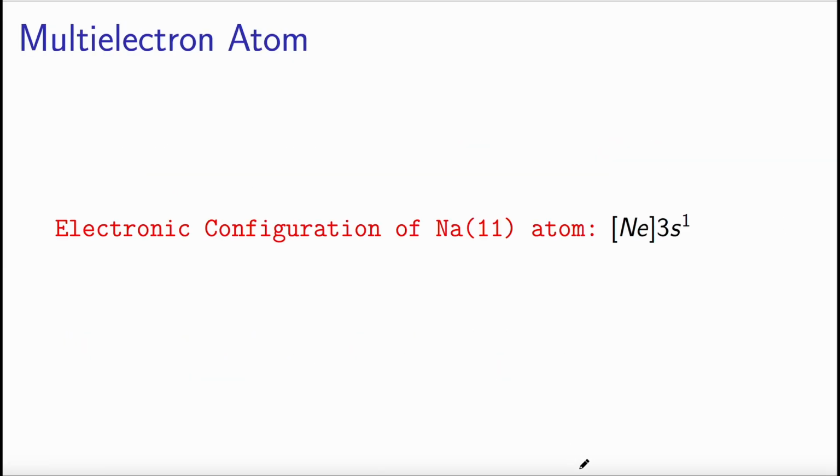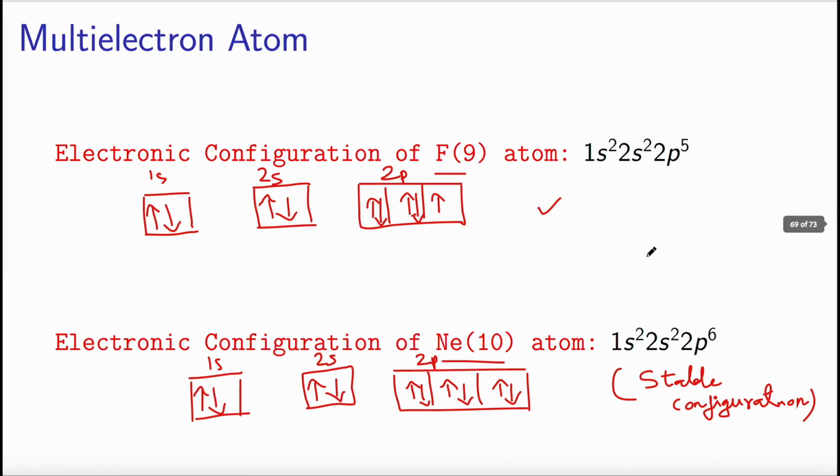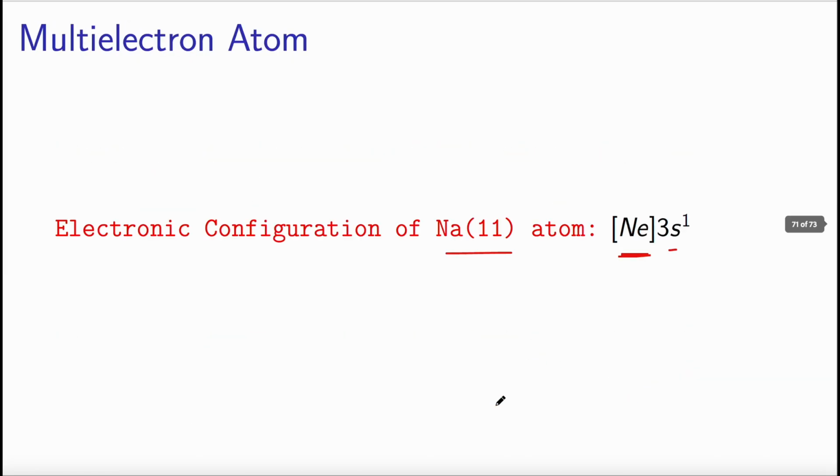So next is sodium. So now we know how to do it. Sodium is [Ne]3s1, that is, this is the electronic configuration of neon, and then there is 3s1.